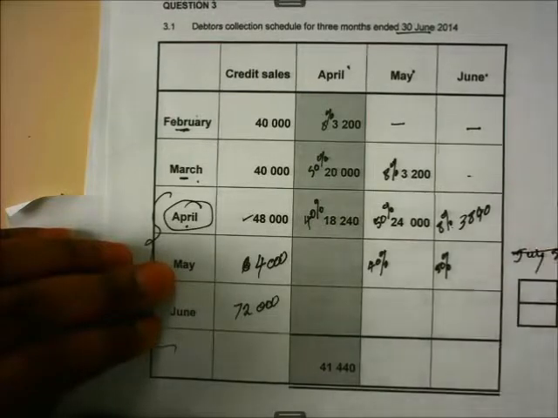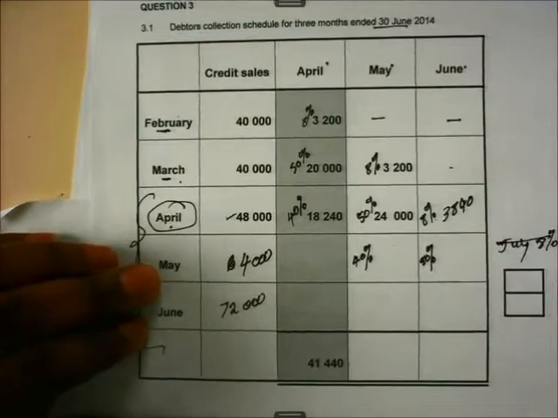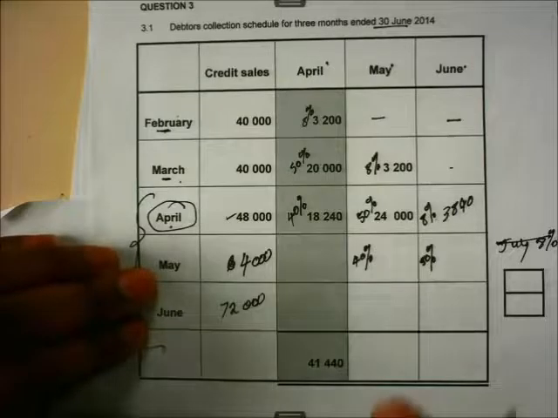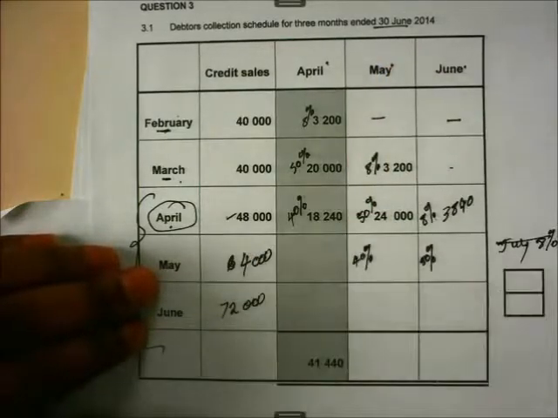But July falls outside our budget period. Therefore, you don't need to make that calculation. Now, in May, we are going to collect 40% of 64,000.